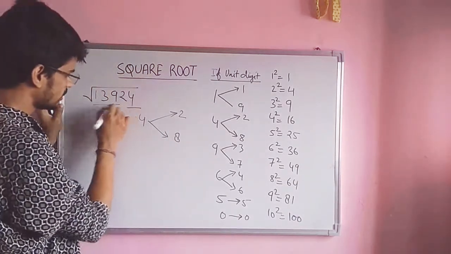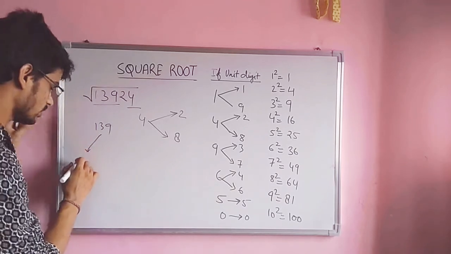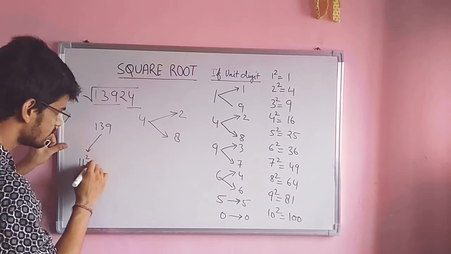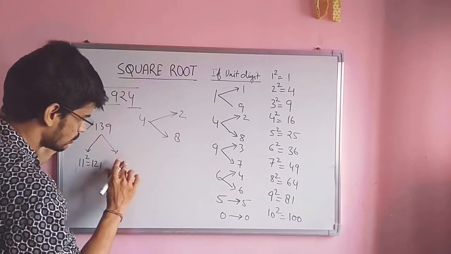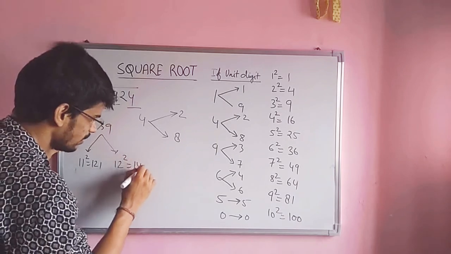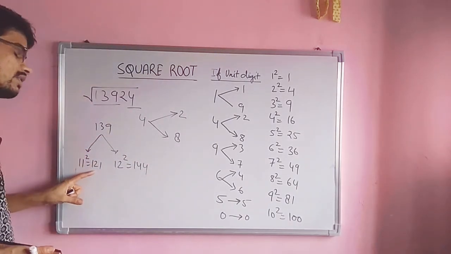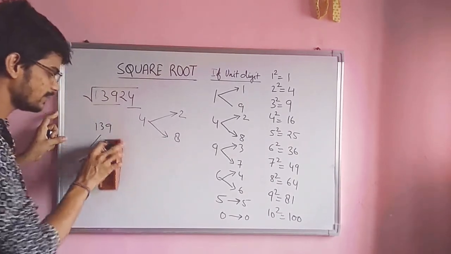Next, consider the first three digits, 139. Here 11 square is 121. 12 square is 144. 144 is greater than 139, and 121 is less than 139. That's why we leave the 144.